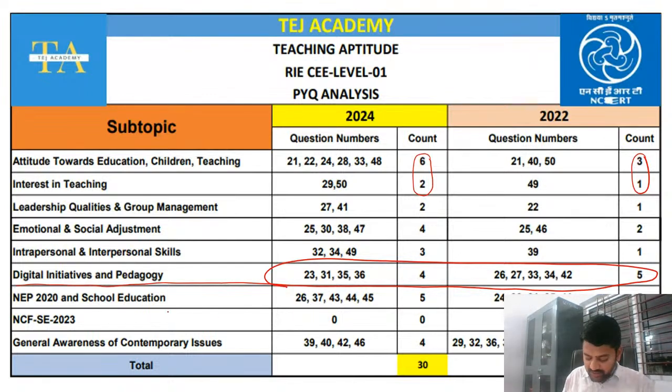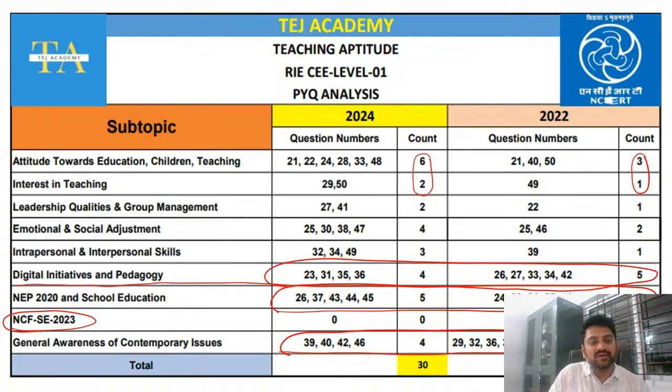From NEP 2020 and school education also, a major part of questions are coming. General awareness of contemporary issues has a broader perspective of the syllabus, so obviously the number of questions might be more comparatively. For NCF School Education 2023, there was no question last year, so probably this year there is a huge probability to ask a question from this area.